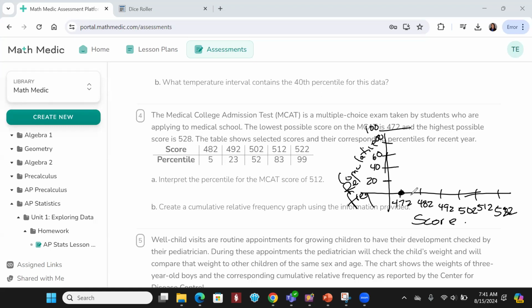Okay, pause. We're given this information. We're doing cumulative relative frequency, right? So that means that we're going to do what? Okay, so from 472 to 482, what is that percent? Okay, it was roughly in there. Okay, what about from 482 to 492?